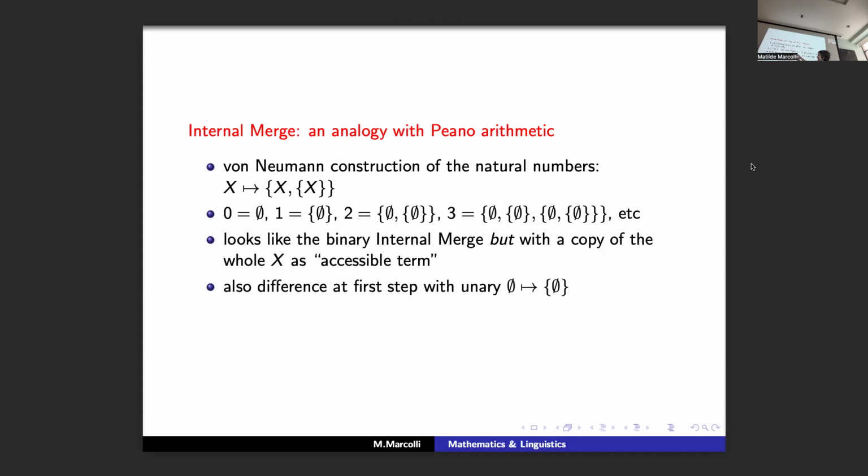You extract the entire X and you merge it with itself to form the next pattern. The other difference is, of course, that you have a unary first step, not a binary one, unlike internal merge. So sometimes, if you hear some of the talks that Norm gives on this stuff, internal merge looks almost like arithmetic, but not quite. That's what it means.